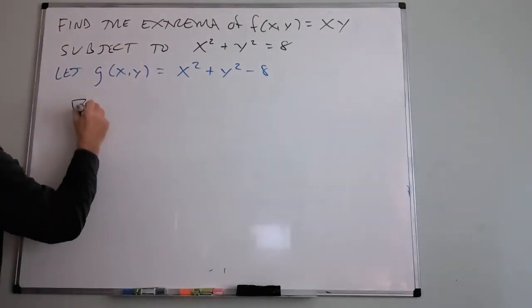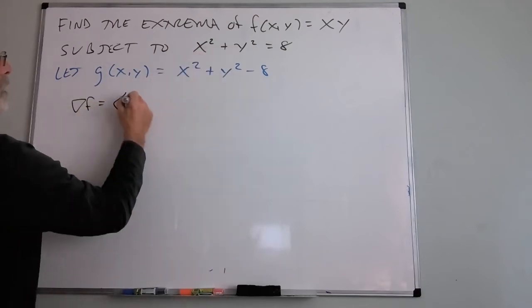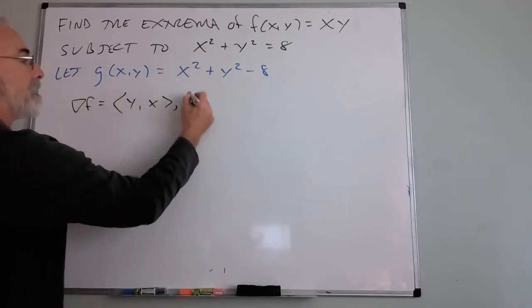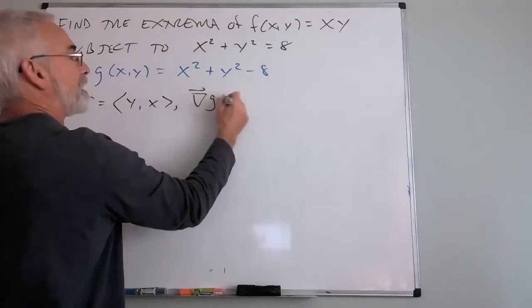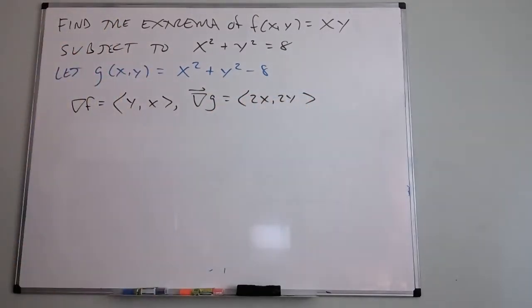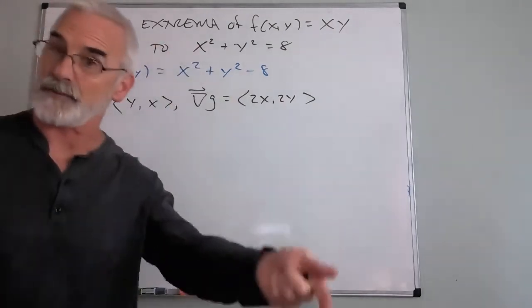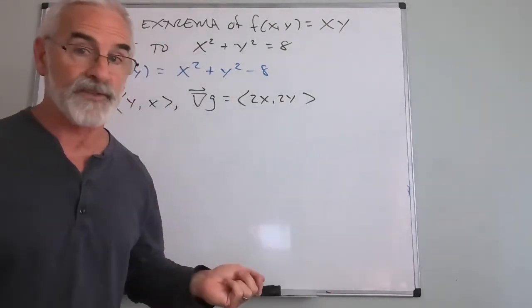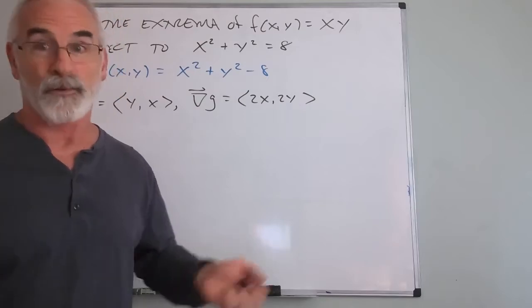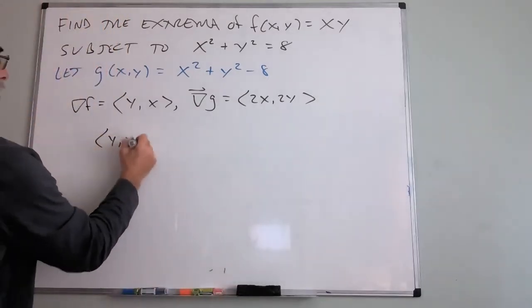So the gradient of f is what? y comma x. The gradient of g is 2x, 2y. Now I'm not setting them equal. I'm setting the first one equal to lambda times the second one. That's important because lambda isn't necessarily 1. In fact, it's probably not going to be 1 pretty much ever. So here's my equation.